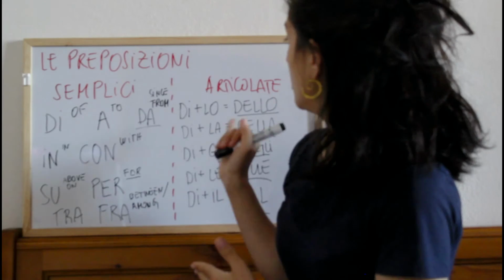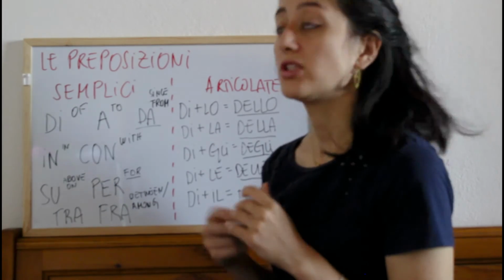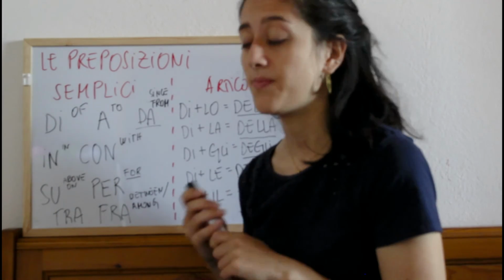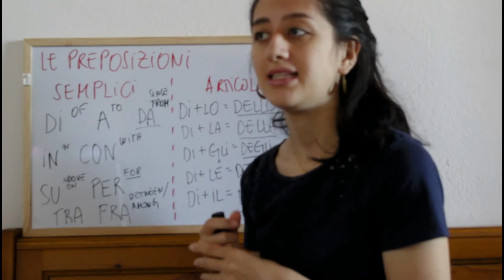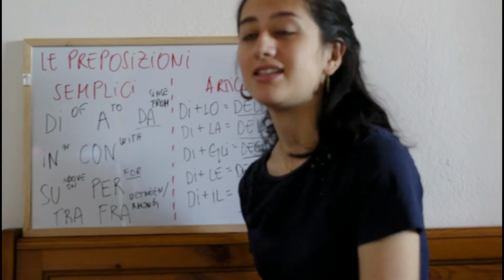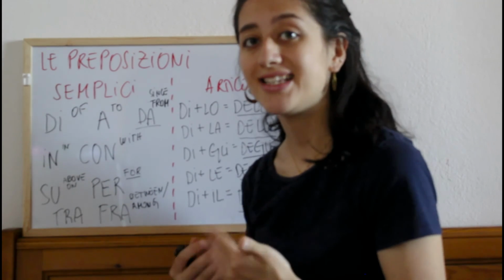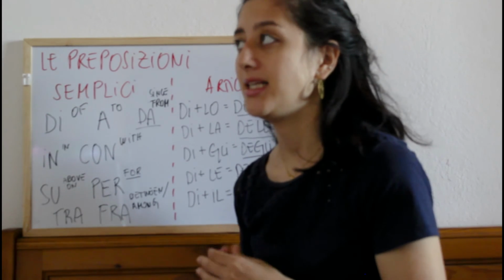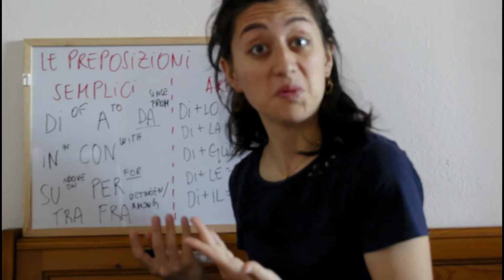For example, dello spago, dello scienziato, dello gnomo, dello zio. Plural, degli spaghi, degli scienziati, degli amici, degli zii, degli gnomi.